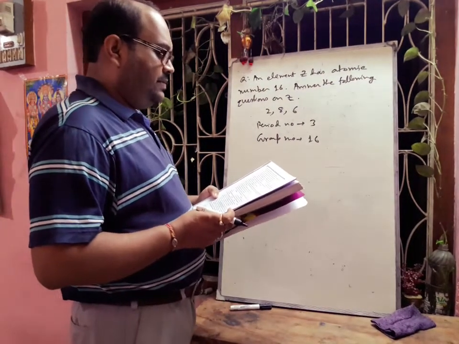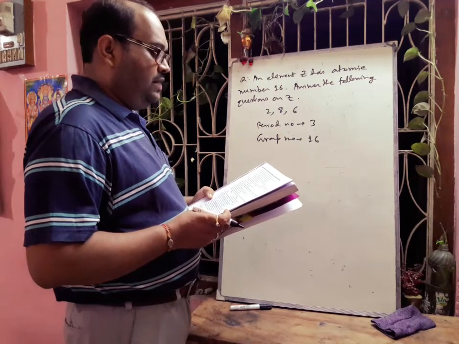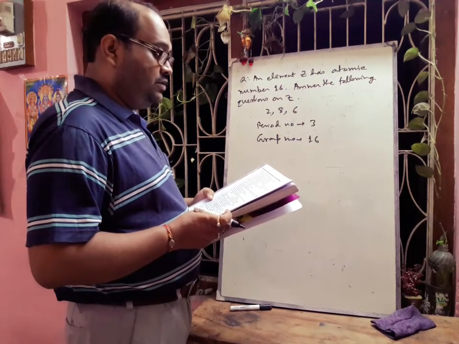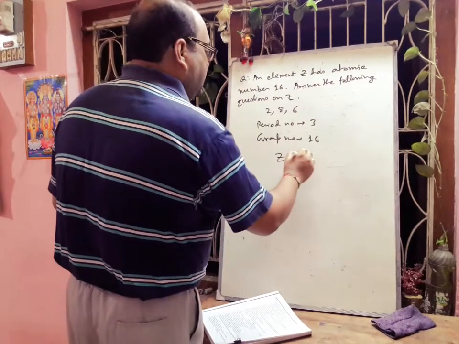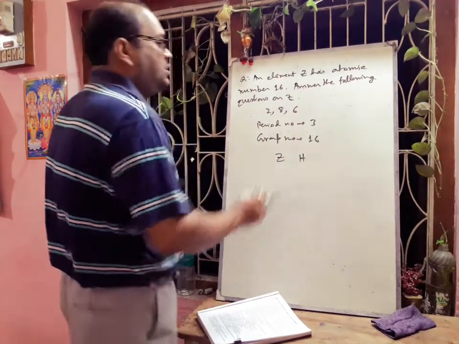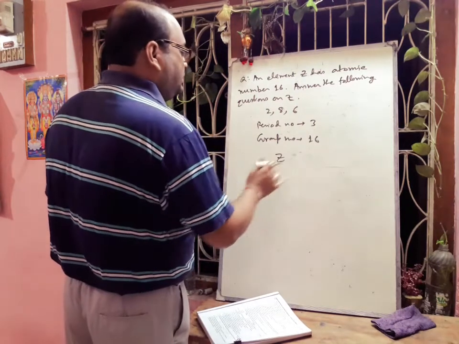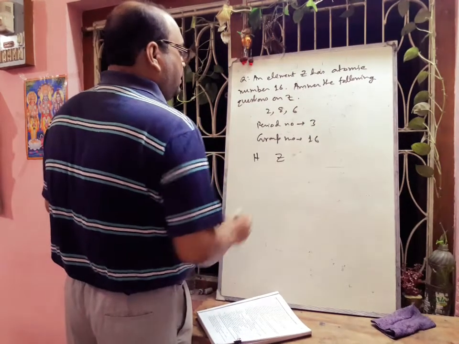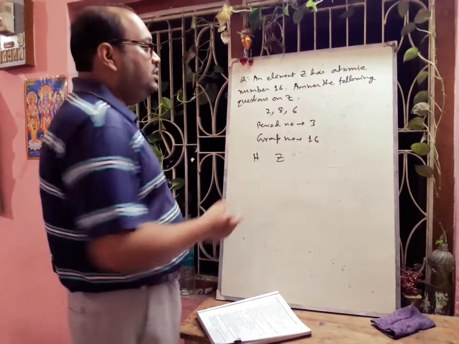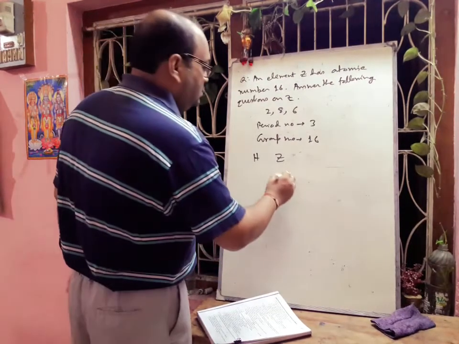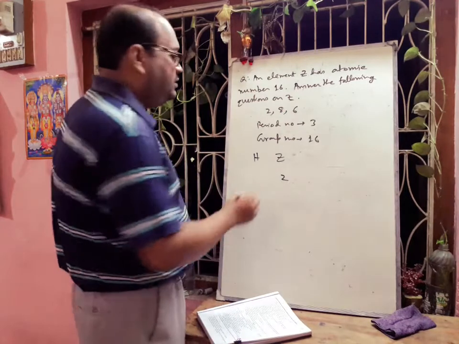The next problem is: state the formula between Z and hydrogen. So first we write hydrogen here. Now what is the valency of Z? It will be 8 minus 6, that is 2. And the valency of hydrogen is 1.